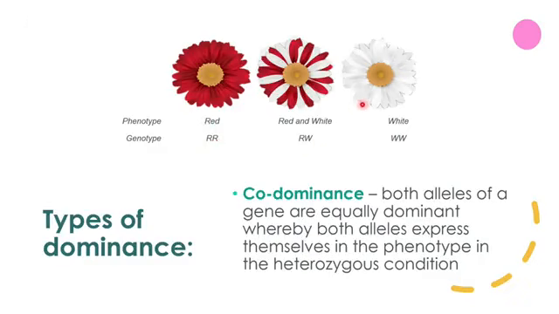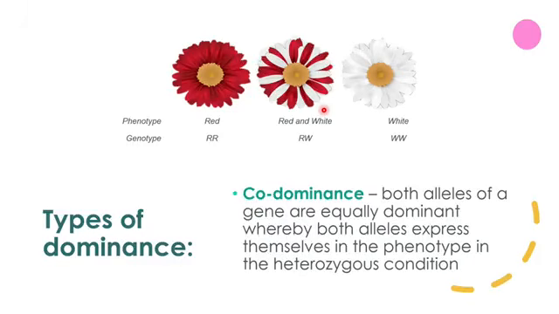Both these characteristics will be seen in your phenotype. And that's why this flower will have white petals as well as red ones. Both characteristics will be present in your codominance.